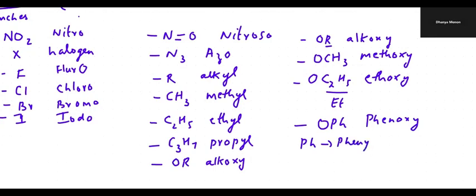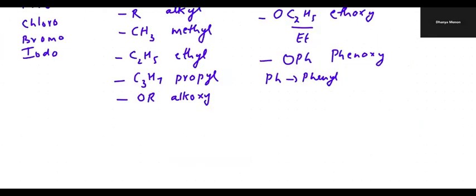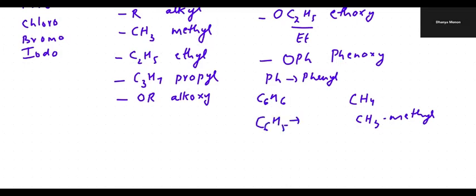For example, what is a phenyl group? Like in methane, when I remove one hydrogen, it is called a methyl group, right? Similarly, benzene is C6H6. If I remove one hydrogen, it is called a phenyl group. I hope I'm clear here. So one hydrogen is removed.